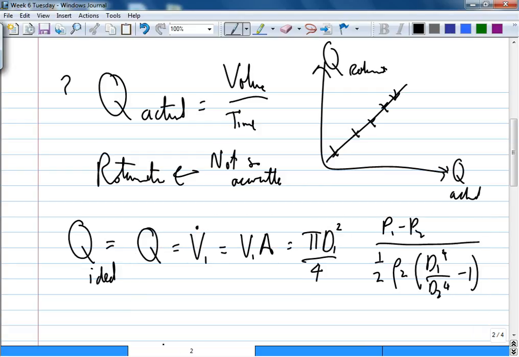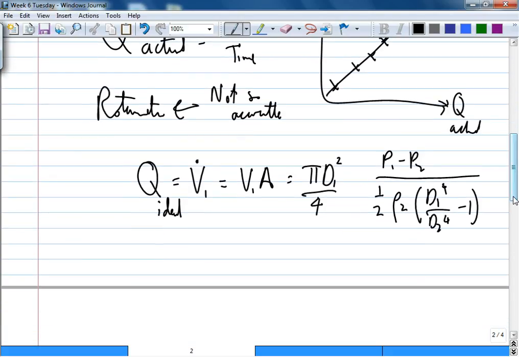This is your ideal flow rate. No need to copy here, it's yesterday's one. I think there's a square root missing here. D1 is the bigger diameter, D2 is the smaller diameter.